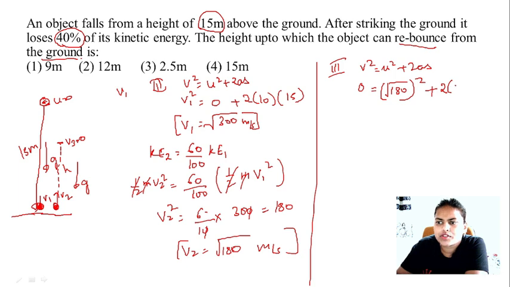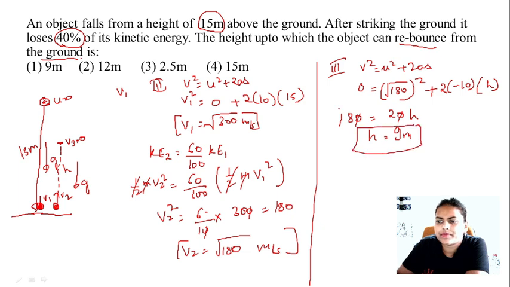So they are opposite, and that's why a is negative, minus g, which is minus 10 in this case, and h we have to find out. So it would be 180 is equal to 20 into h, 0 got cancelled, and h is equal to 9 meters. A is your correct option.